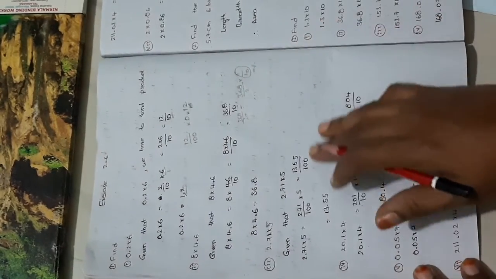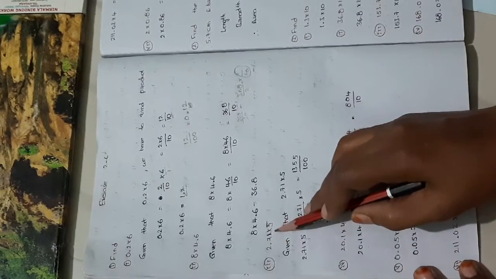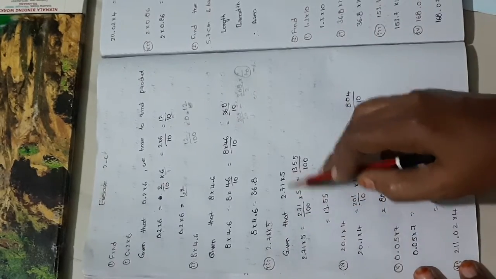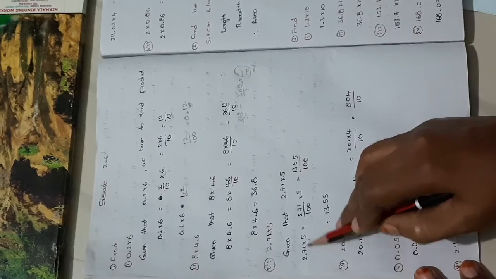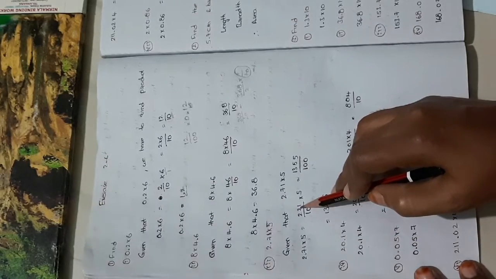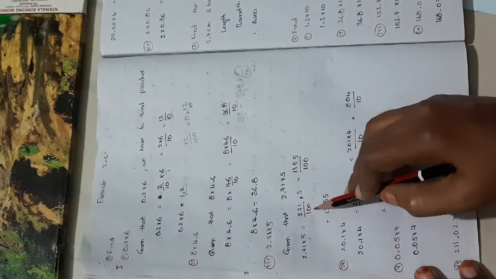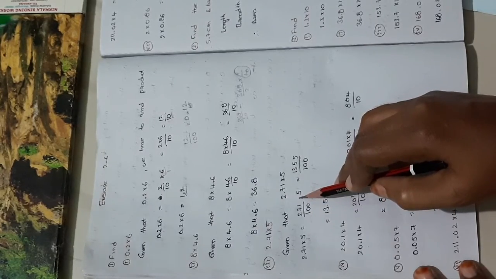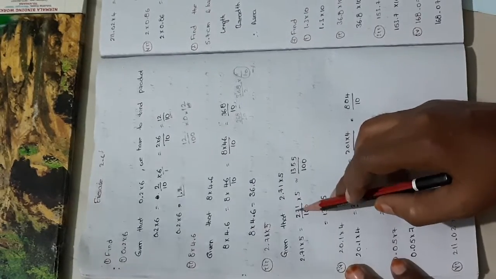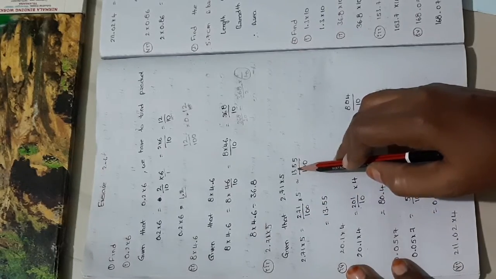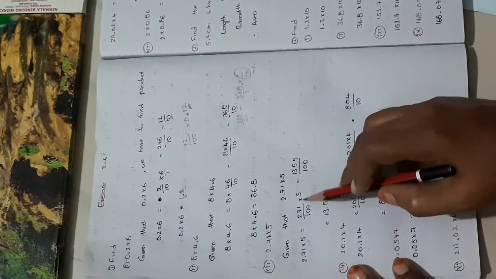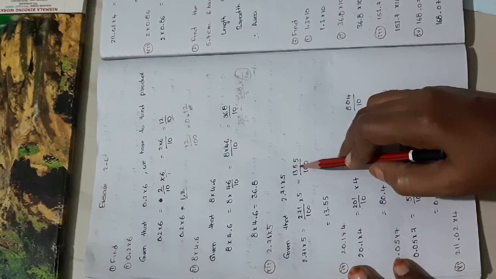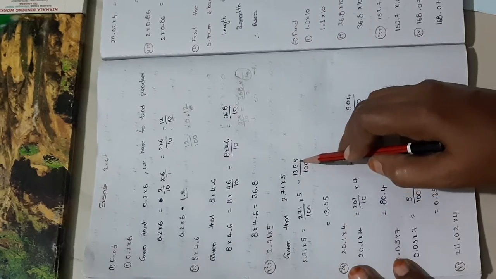In a similar way, I am going to multiply these two numbers, 2.71 into 5. First of all, 2.71 can be written like this, 271 by 100, and this 5 is written like this. After that, what do we do? We multiply the numerators and we multiply the denominators. After multiplying the numerators, we get 1355.